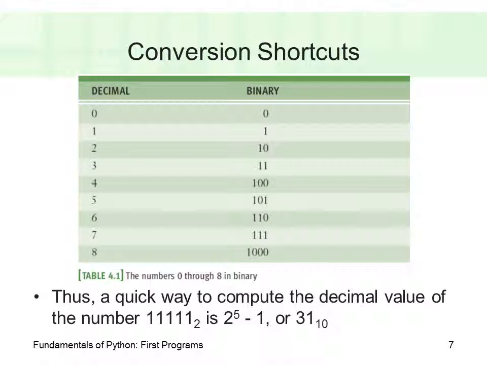If you're given something like that, don't panic, and don't waste time adding everything up. Because what is this? It's 16 plus 8 plus 4 plus 2 plus 1. You could add all that up and you get 31. But an easier way is just to say, I'm going to add 1 to get me to the next power of 2. 2 to the 5 is 32 minus 1, 31.